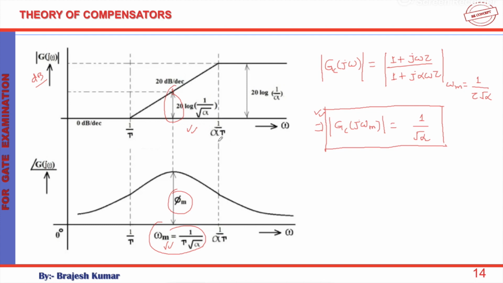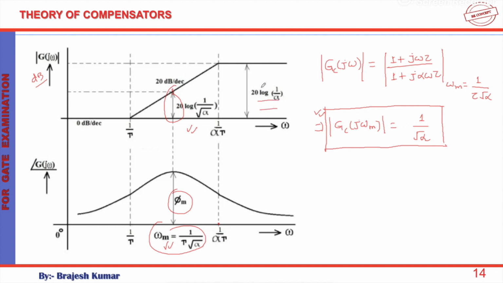Right? What if you want to find the value at the frequency 1 upon alpha tau? Just instead of omega m equal to 1 upon tau root alpha, you will put omega equal to 1 upon alpha tau. Then you will get GC j omega, at this value of omega, equal to 1 upon alpha.